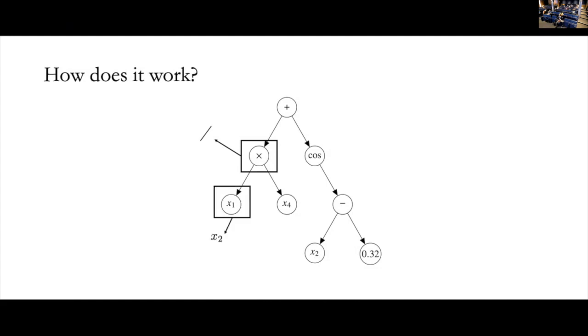Then maybe I change the x1 variable on that leaf into an x2. Maybe I swap out a tree. Maybe I perturb a constant. This lets me randomly explore equation space, because you can't take derivatives of an operator. You can't take a derivative with respect to a multiplication operator. You have to use genetic operators to move around this space.